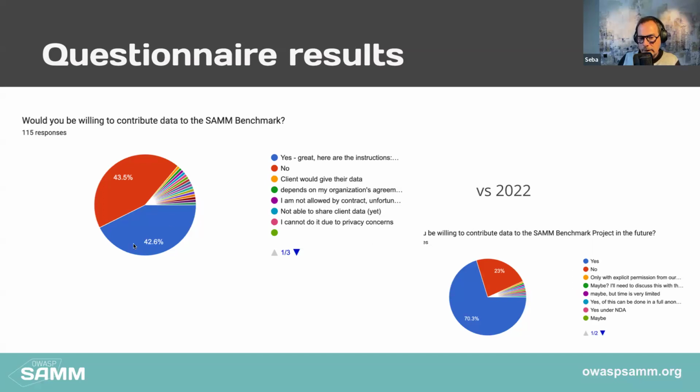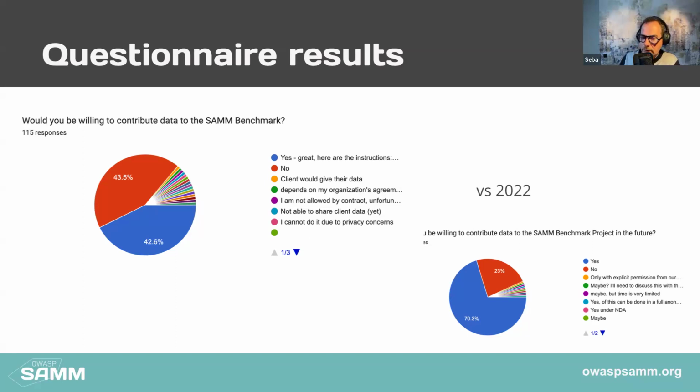I think what makes a big difference is the way we asked the question: yes, great, here are the instructions. We added a pointer on how to submit data sets to the benchmark, because compared to the 2022 survey, it has become much clearer how you can do that and what this entails.